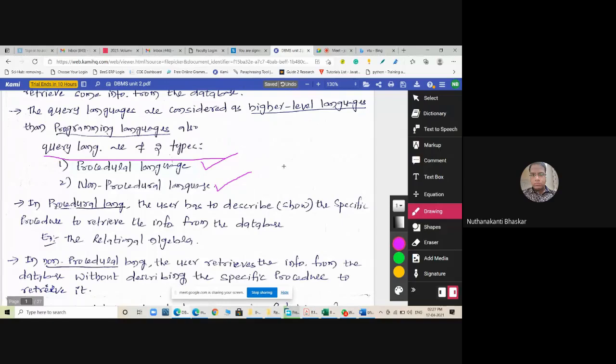Even in our human-understandable languages, we have so many languages, region to region, that we use to communicate with each other. Yes or no? Out of that, some languages have a procedure, meaning grammar.